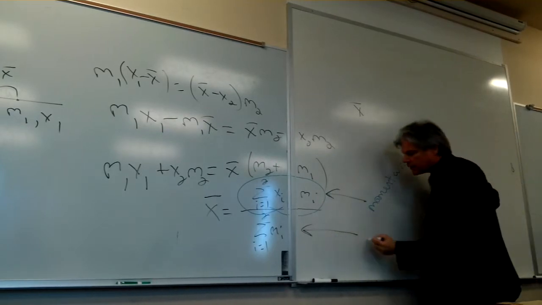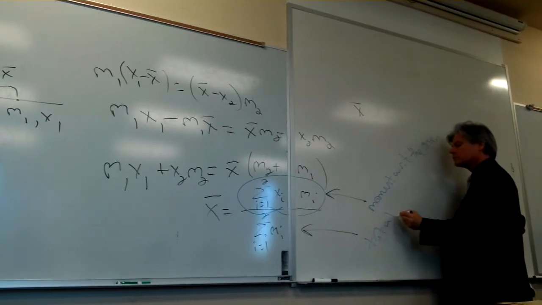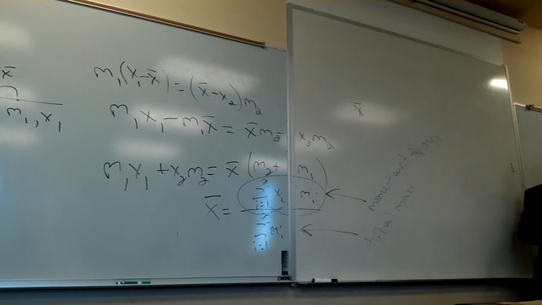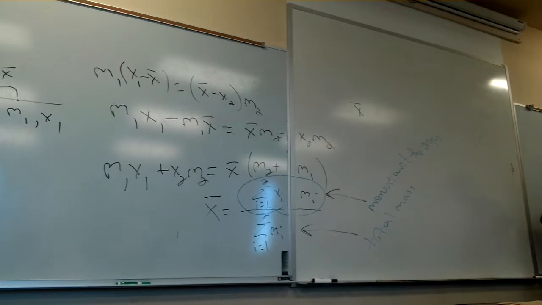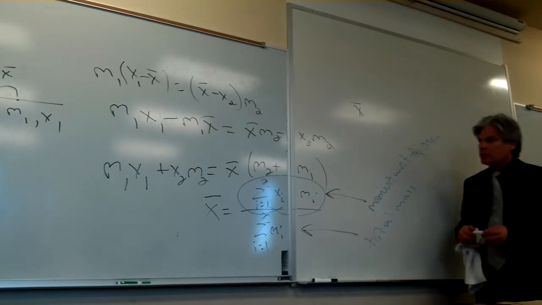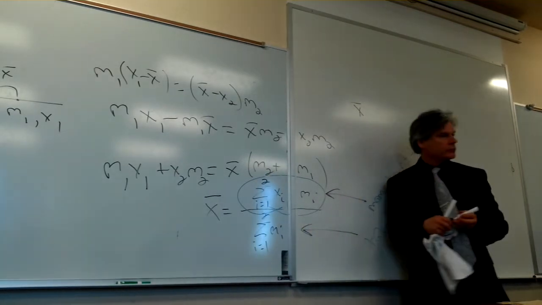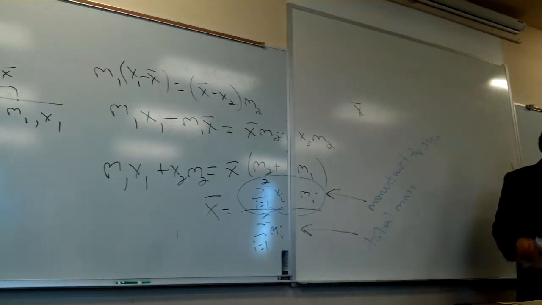I sometimes think of the denominator as my total mass. But it's a very simplistic system, you guys. I'm merely working in a one-dimensional system. The sum goes from i equals 1 to n. I used 2 in this case, but it could be n. It should be n with more particles.